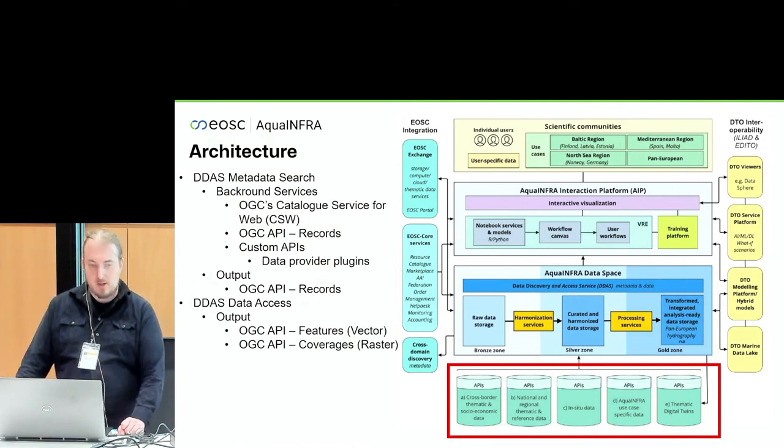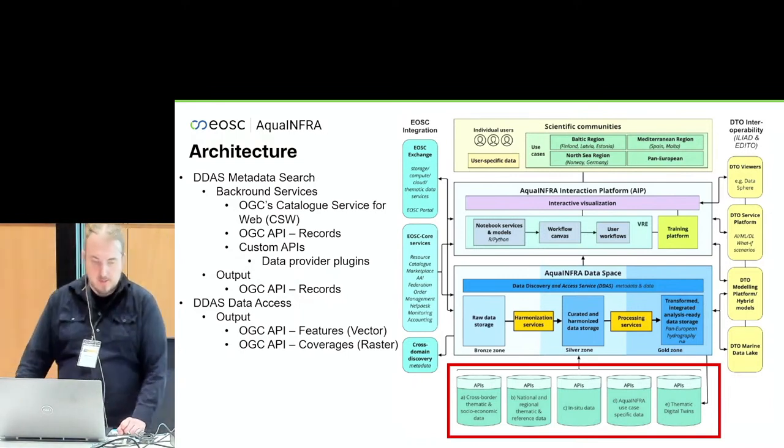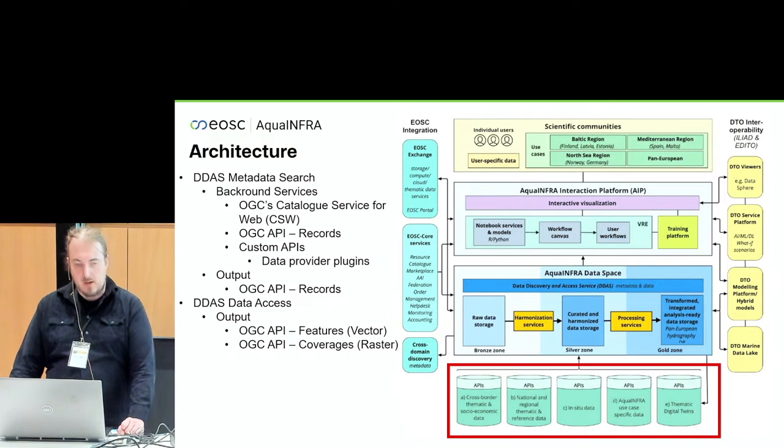So for the DDAS metadata service, you can use the following background services. We are providing access to OGC API, OGC Catalogue Service for the Web, so-called CSW services, then OGC API Records services, and then we also can provide access to custom APIs.